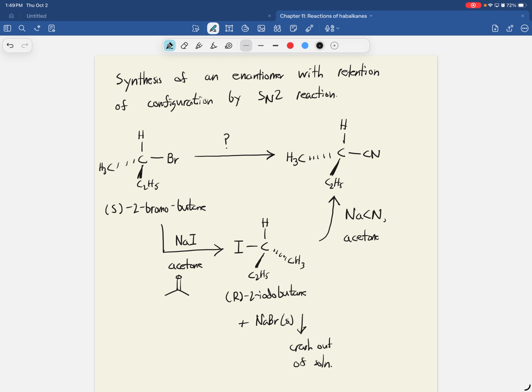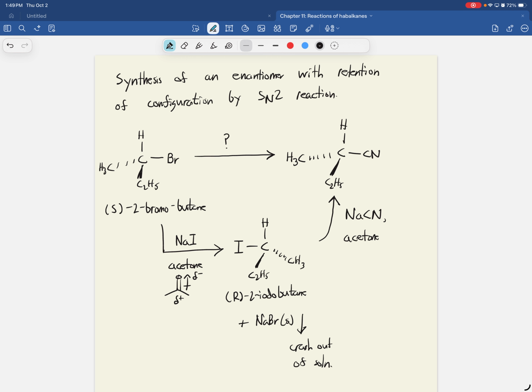You need a polar solvent to dissolve something that has charges or ions, like sodium cyanide, a charged species in solution. Acetone is polar because there's a dipole moment right here.